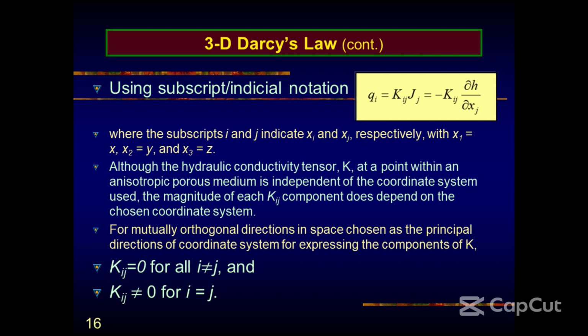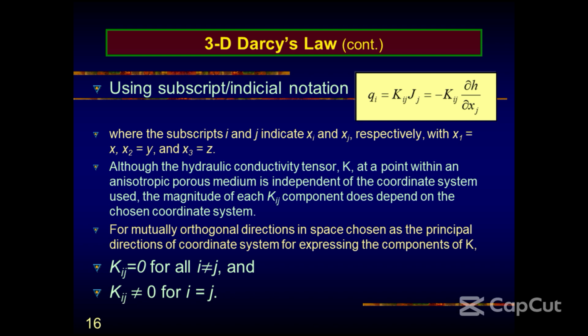The same thing when we have Q3, which will be K31 J1 plus K32 J2 plus K33 J3.